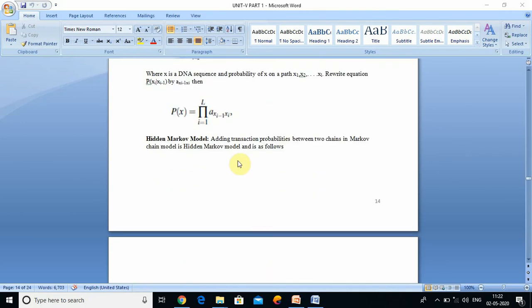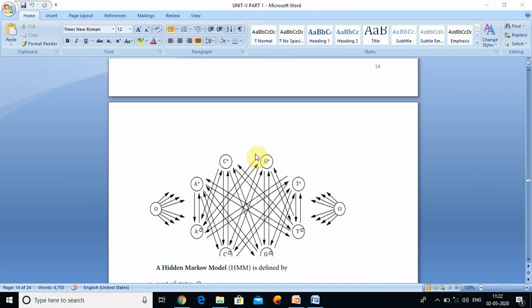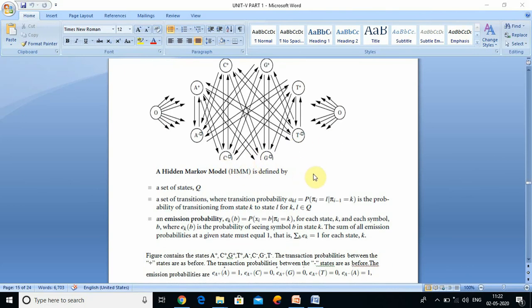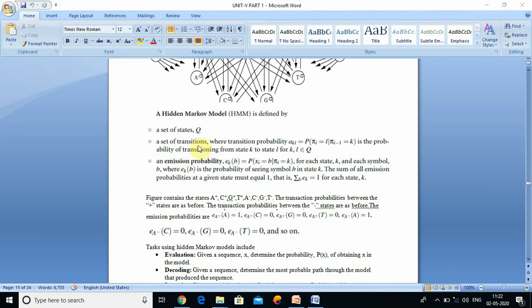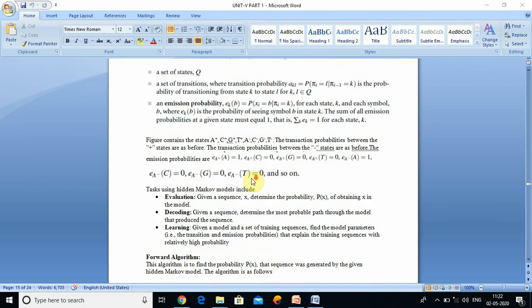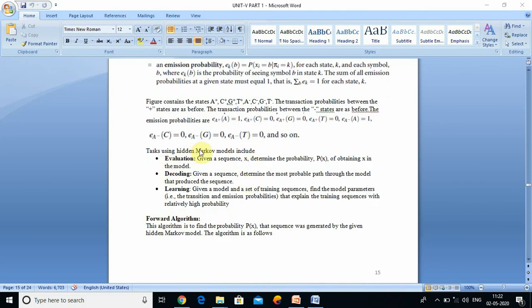Hidden Markov model: adding transition probabilities between the states in a Markov chain model gives the hidden Markov model, as follows. It has a set of states and a set of transitions with transition probabilities. Tasks using hidden Markov models include the following three: evaluation, decoding, and learning. Evaluation: given a sequence X, determine the probability P(X) of obtaining X in the model.